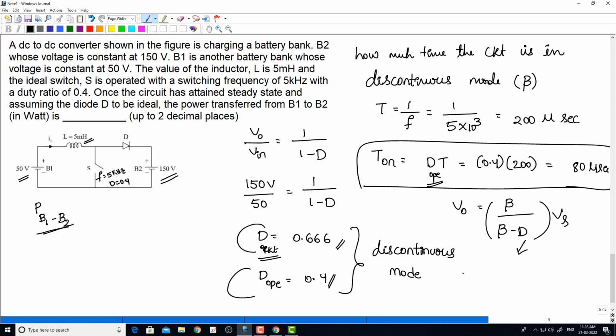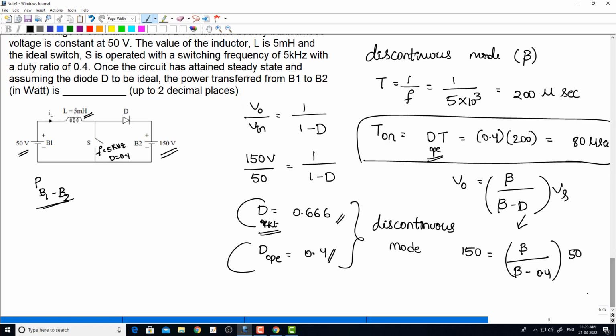So V0, 150, is equal to beta by beta minus 0.4 into 50, which implies beta is equal to 0.6. This much of the time period the circuit is in discontinuous mode, meaning current is not flowing.